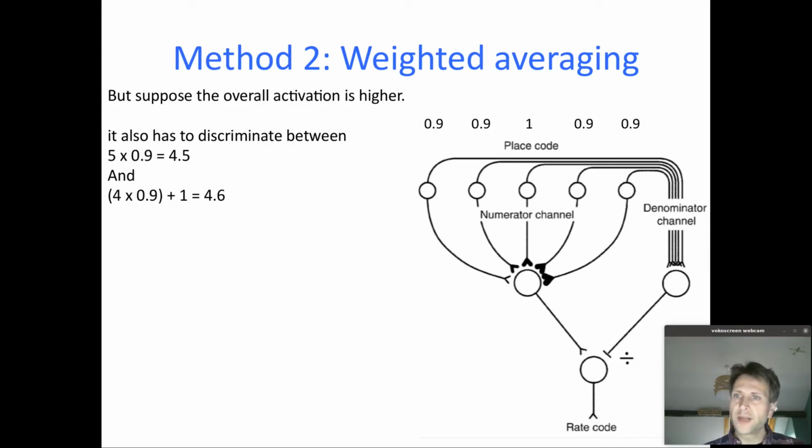So it's got to discriminate between the value of 4.5, so if we add up all the 0.9s, then the denominator channel is going to have 4.5 on it, and then it's also got to be able to tell the difference between 4.5 and 4.6, which is if they're all 0.9 except for one of them is 1. It's a small difference, 4.5 to 4.6, but it's essentially the difference between no movement, no saccade, and a saccade to 15 degrees.